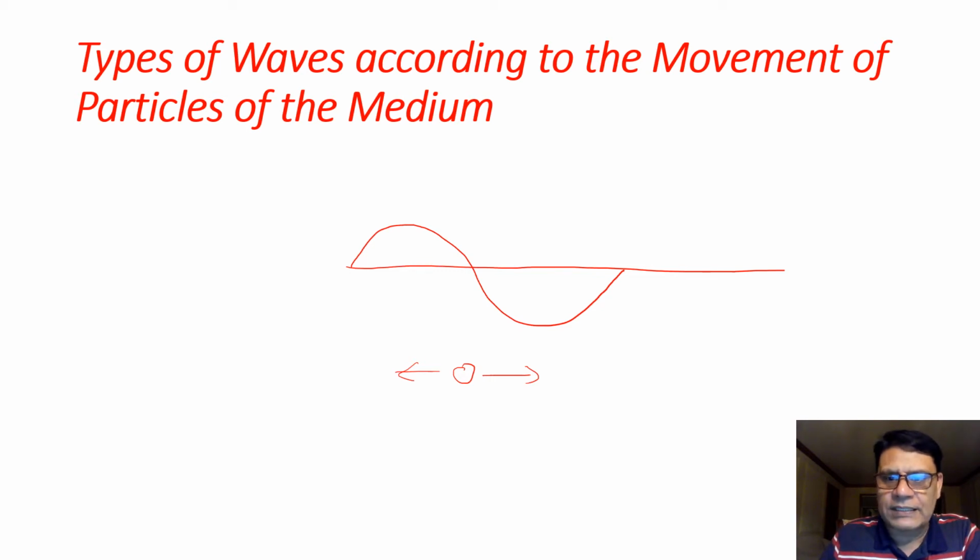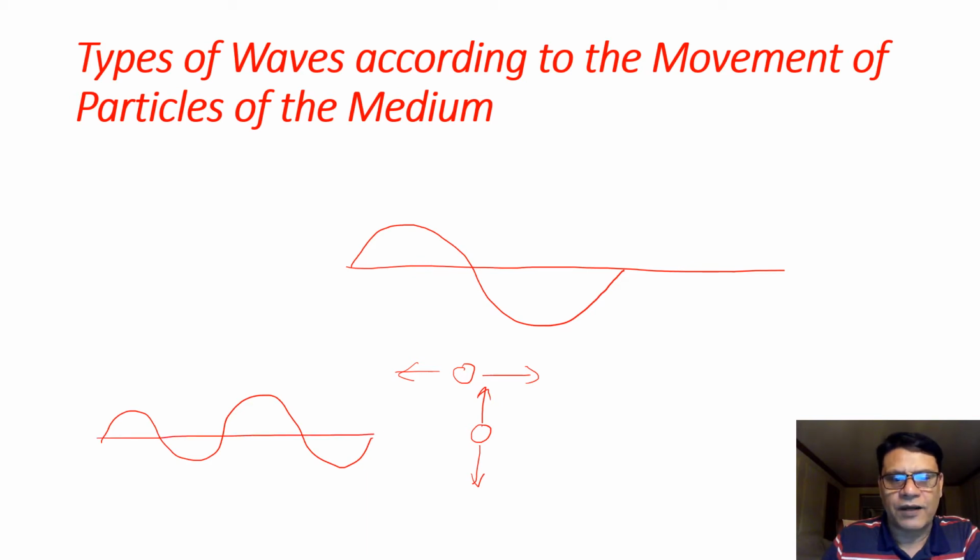On the basis of the movement of the particles of the medium when a wave passes through it, we have different types of waves. When a wave passes through a medium and particles start jumping up and down, moving perpendicular to the direction of the wave, such waves are called transverse waves.